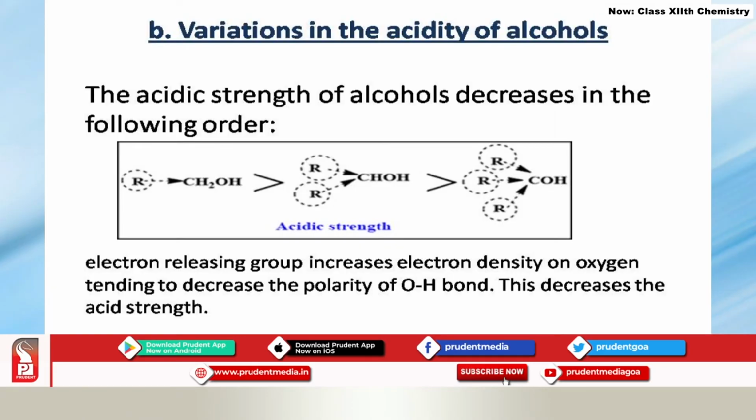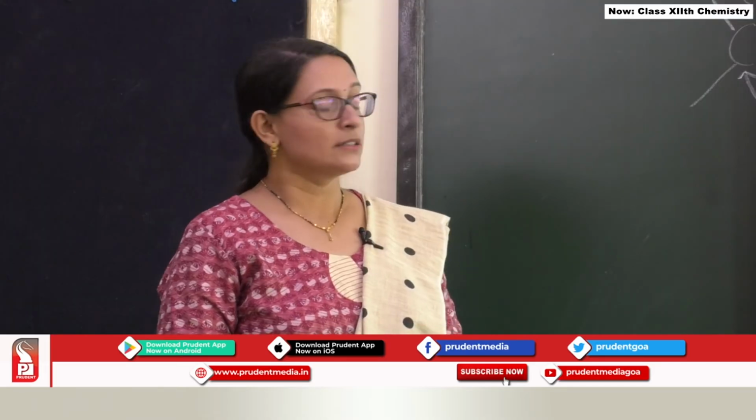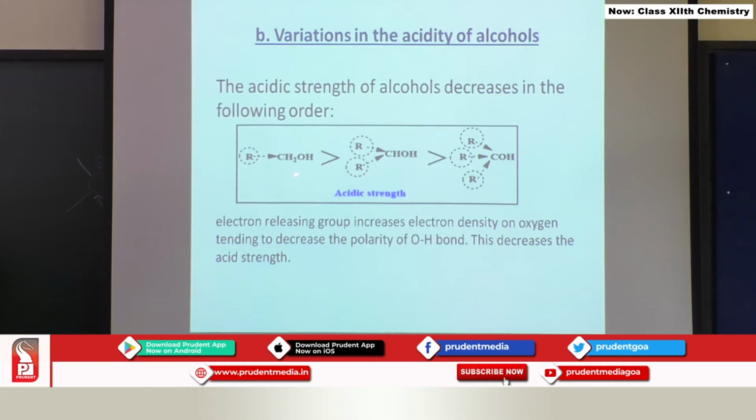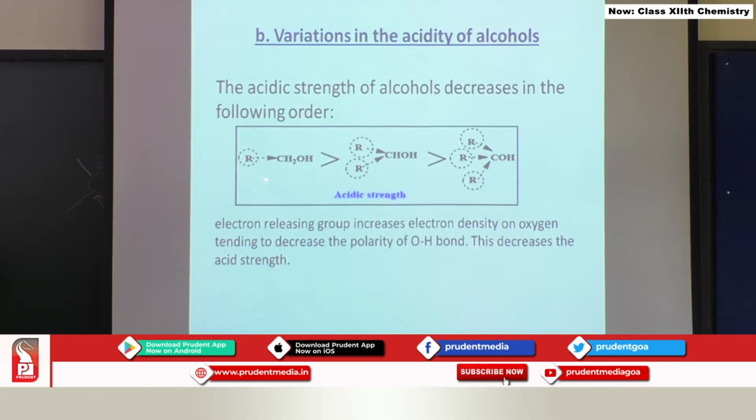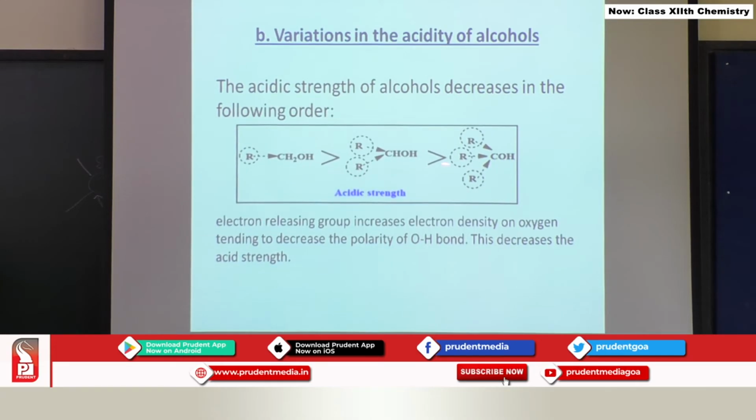Now, we will see the variation of acidity amongst different types of alcohols. See here, I have taken 3 different types of alcohols: primary, secondary and tertiary.